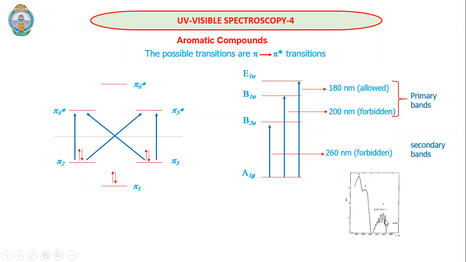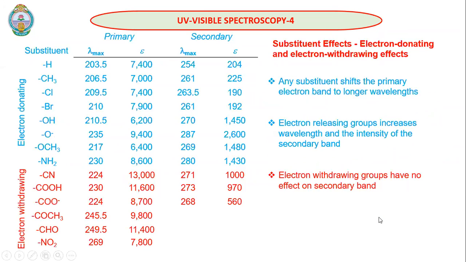Forbidden transitions generally should not appear, but sometimes due to relaxations in symmetry properties, they do appear in the spectrum. But because they are forbidden, their intensities will be very, very low. So allowed transitions will have highest intensity, forbidden transitions will have low intensity.